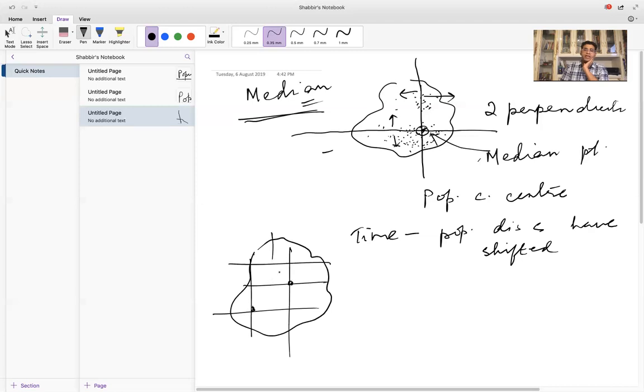In the 1900s, maybe this was the center. It tells us the population is gradually gravitating towards the north. This is a very good way to understand how population across time shifts its median position for whatever reasons. It could be change of resources, maybe the ecology has changed, the environment has changed, the economic systems have changed, and the population shifts. So that's one important measure of distribution.